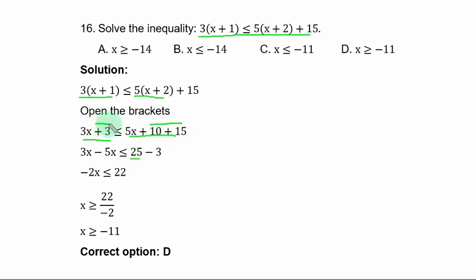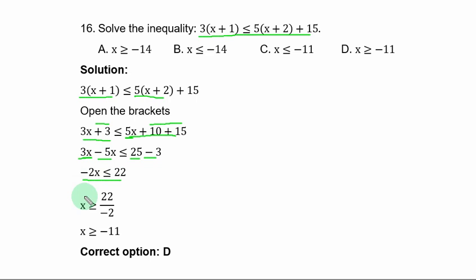If you transfer plus 3s, it becomes minus 3s. Already 3s is here. You transfer plus 5s, it becomes minus 5s. If you subtract, you have minus 2s less than or equal to 22. To get s, divide both sides by minus 2.